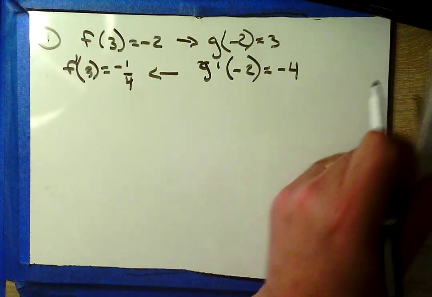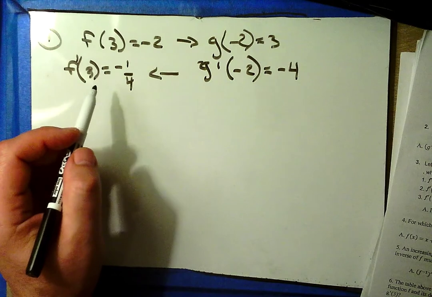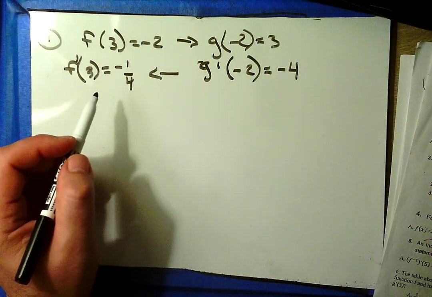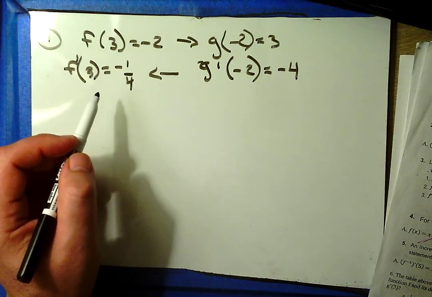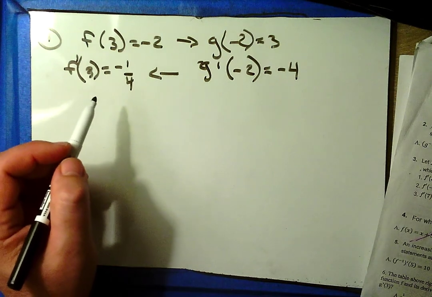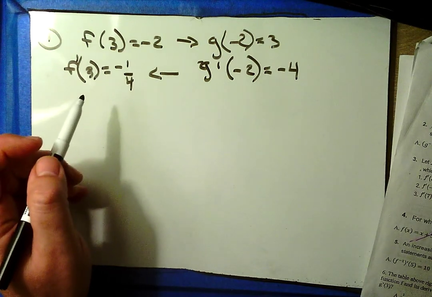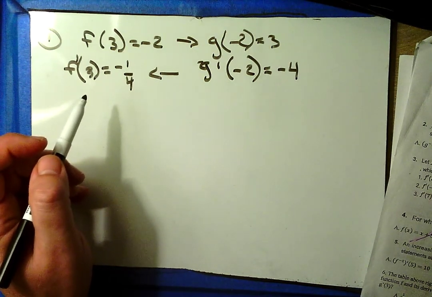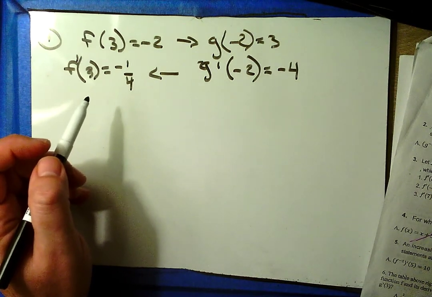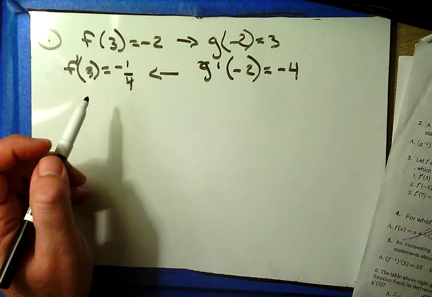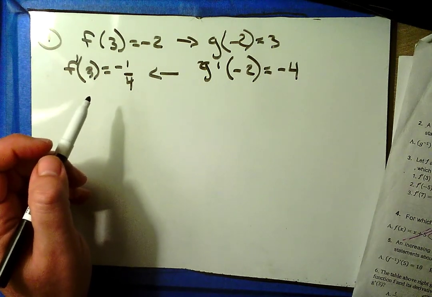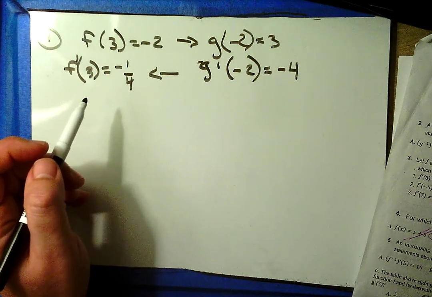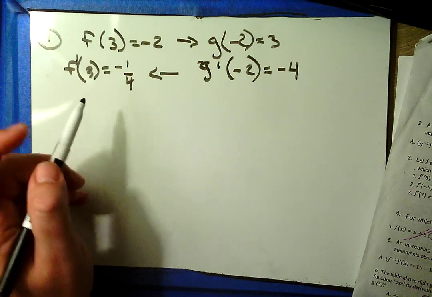All right, f prime of 0 is 1/4. Well, that can't be true because they can't have opposite signs.